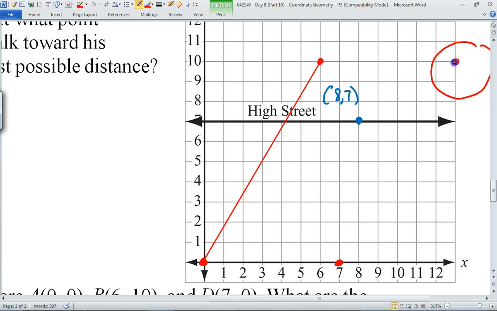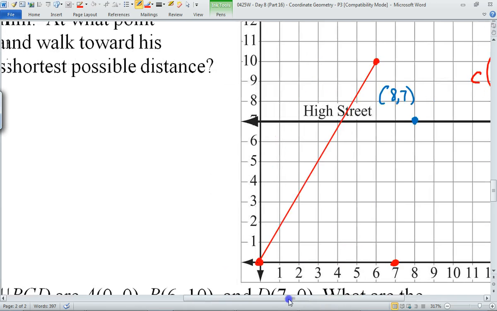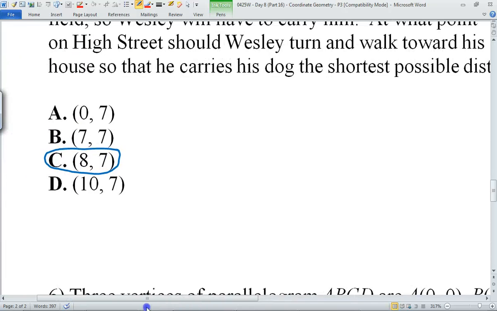That puts me right here. What are the coordinates of this point? (13, 10). So that would be the coordinate of point C. Alright, and that's probably the quickest way to do it.